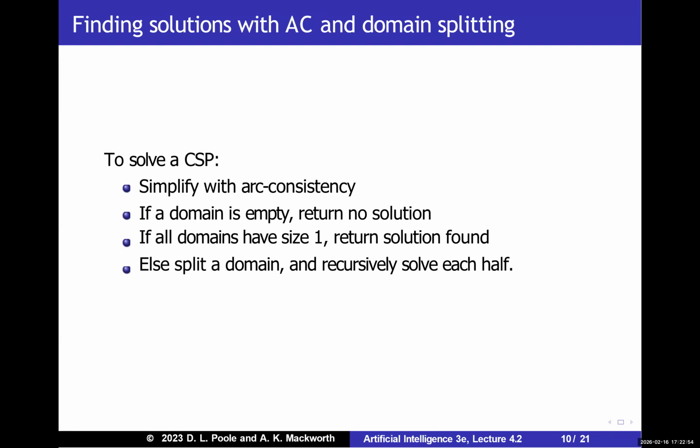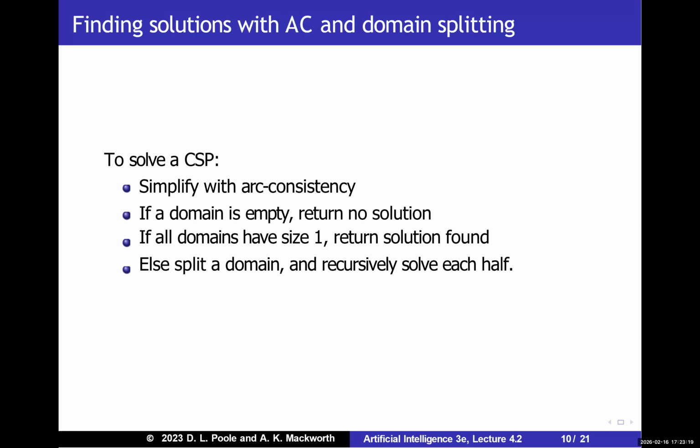So now we'll talk about finding solutions with ARC consistency and domain splitting. To solve a CSP completely, we often combine ARC consistency with domain splitting. First, we simplify using ARC consistency, like we talked about on the last slide. And if any domain is empty, we stop because no solution exists.